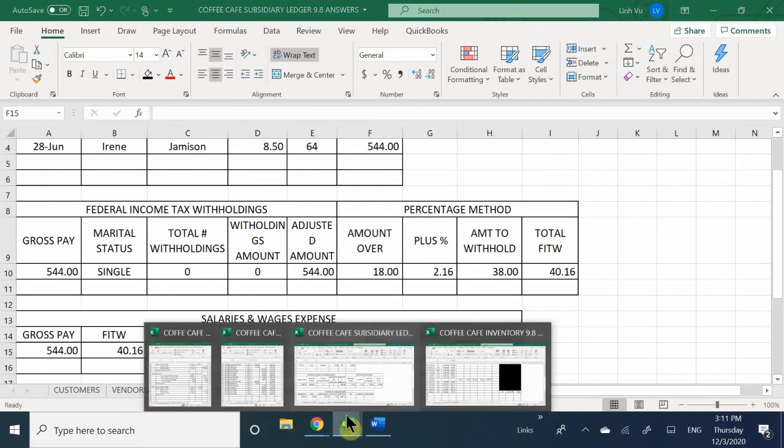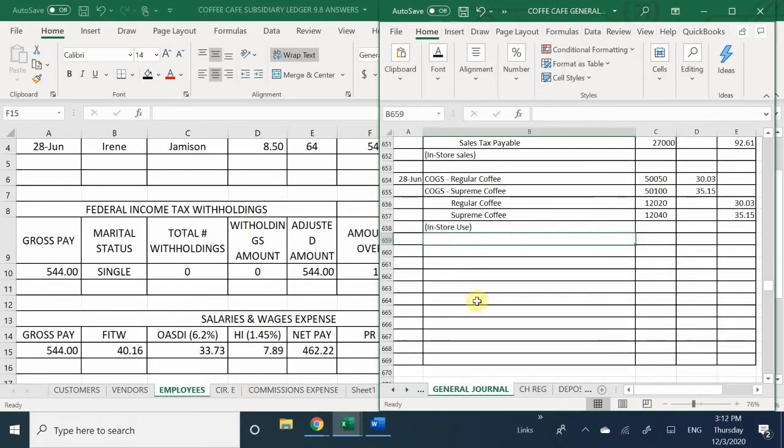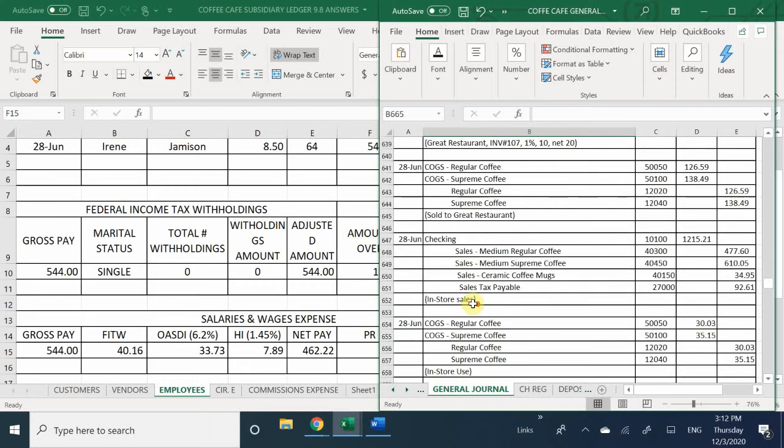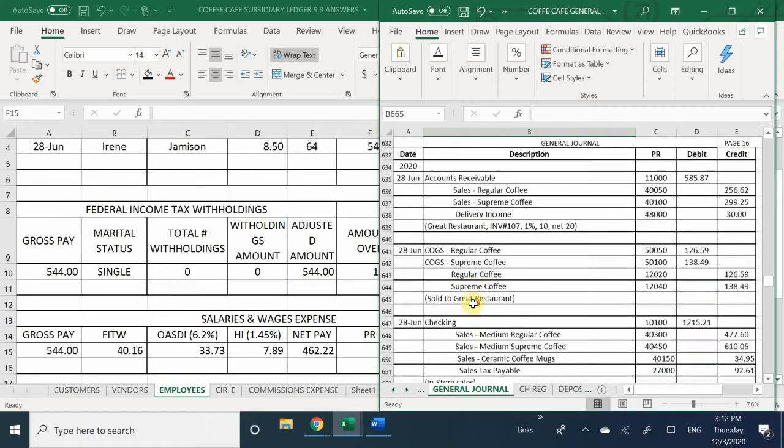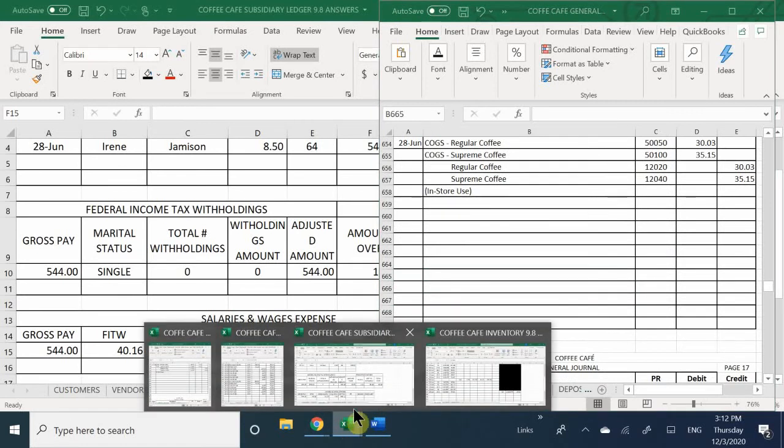And the PR is going to be when you posted this in the journal. I believe we have enough space. Yes, we do, for salaries, federal, OASDI, HI, checking. So what page is this? General Journal 16. That's where we're going to place that.